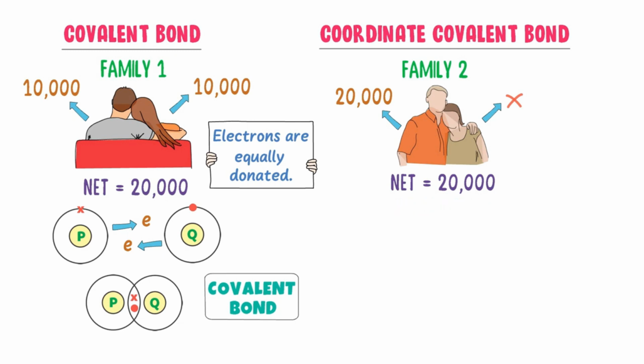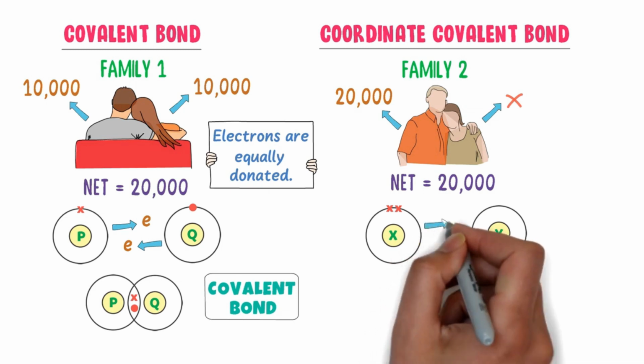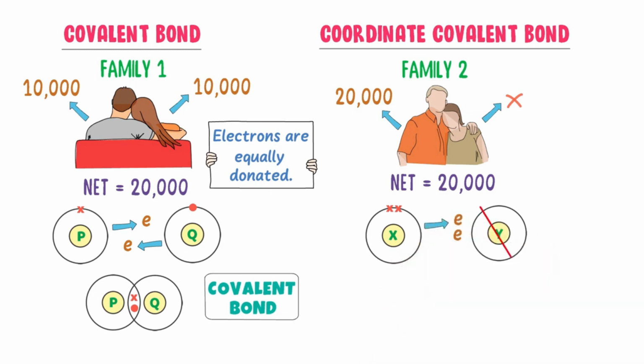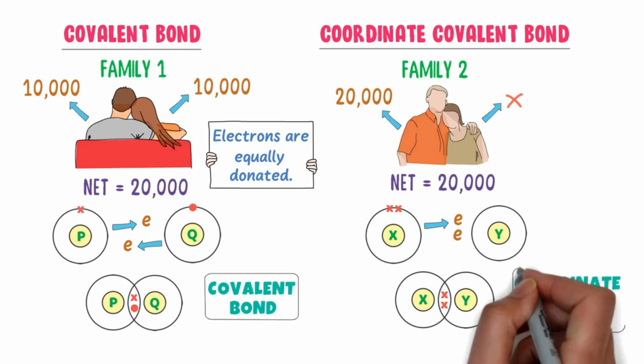Now consider 2 atoms, atom X and atom Y. Just like Mr. Najm, atom X donates 2 electrons and atom Y doesn't donate any electron. So the electrons are shared between these 2 atoms to form a coordinate covalent bond.